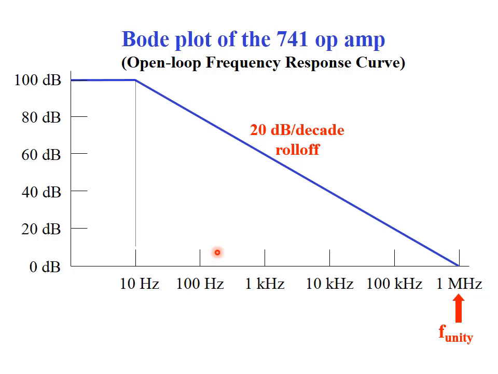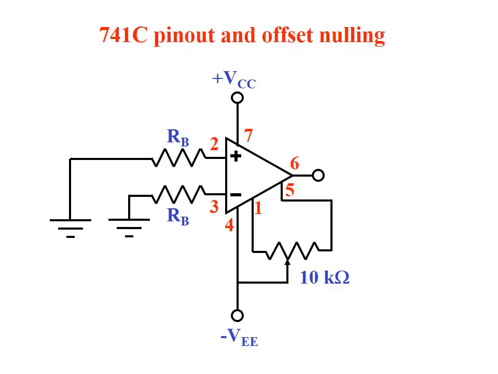We have the 325 that has, I think, 100 megahertz, but it's more expensive. So if your application has a frequency less than 1 megahertz, then 741 is the right choice. Why is 741 very popular? Because it's actually a cheap operational amplifier. That's something that needs to be considered.